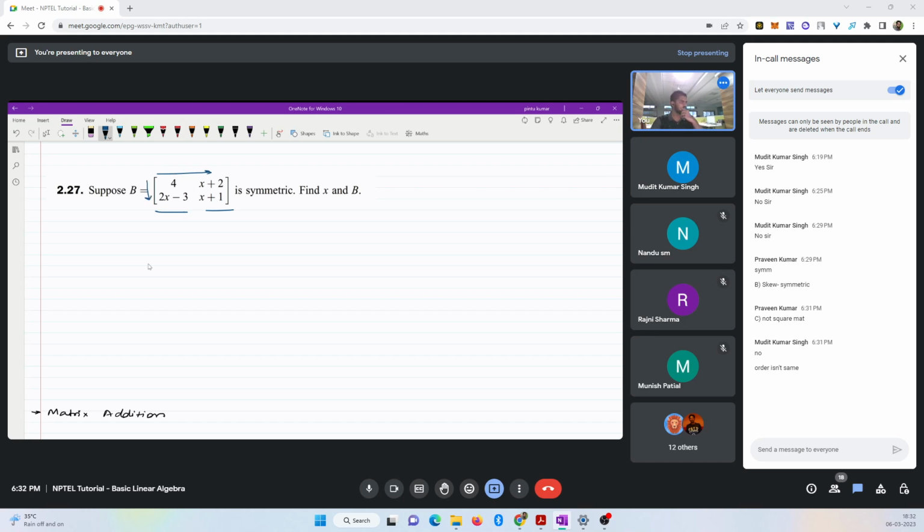This is how you will get symmetric, because if you convert your first row into your first column, then they should be the same, right? So then x plus 2 and 2x minus 3 should be the same. So x plus 2 is equal to 2x minus 3. What does this mean? What is x equal to?